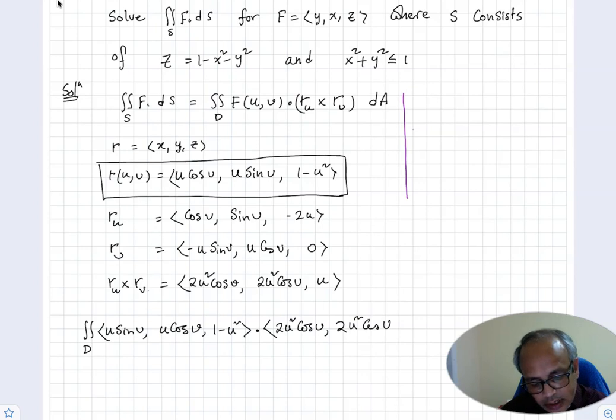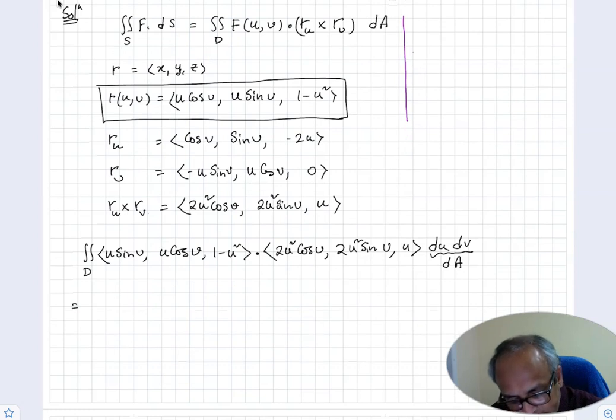I think I have a sin v. Yeah, the second one is sin v. Yeah, sorry about that. So here is a sin. Okay, here is a sin. That's okay. And the third term is u. So you can write du dv, or this part you can write dA.